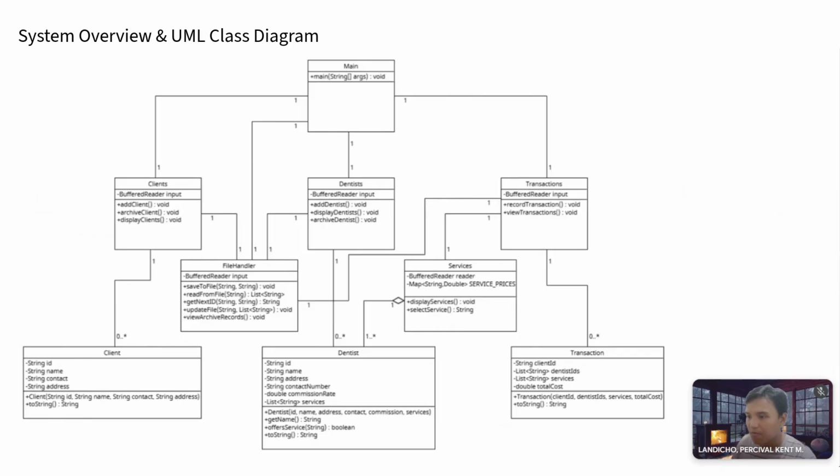It provides the following static methods: save to file, which appends a record to a specified text file; read from file, which reads and returns all lines from a file; get next ID, which automatically generates the next unique ID for a client or dentist; update file, which overwrites a file with an updated list of records; and view archive records, which allows the user to view archived dentist or client records.